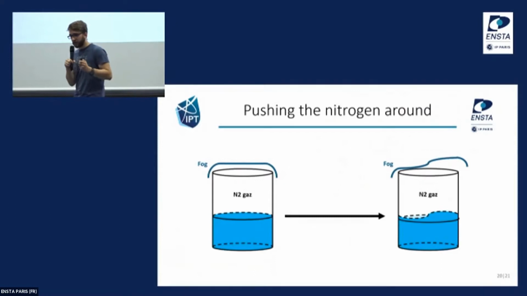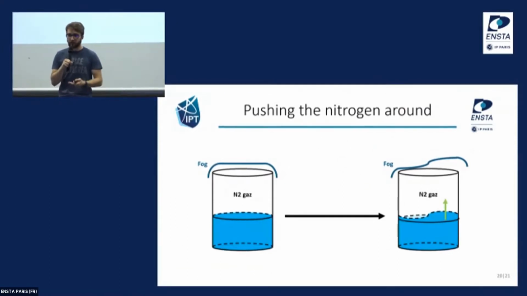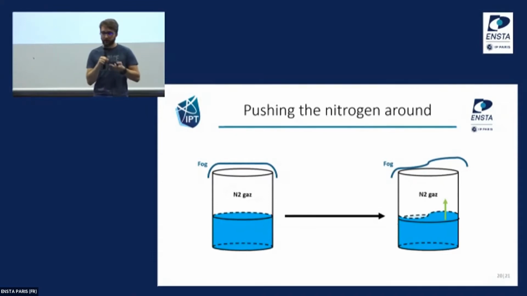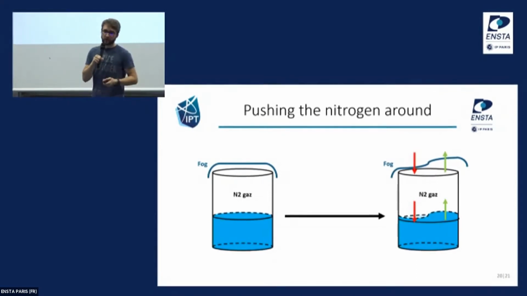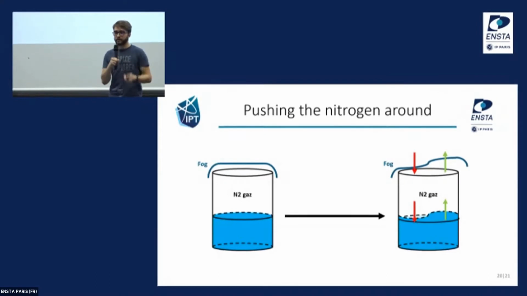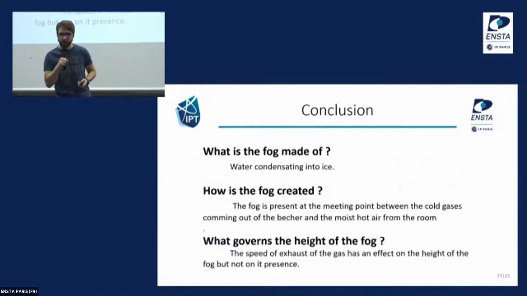But what's actually happening here is, when you think about it, the liquid is pushing the column of gas that is above it when it's moving up, and this pushes the fog up too. Same thing for when the liquid goes down. The fog also goes down because the whole column of gas is going down too. So this is actually also going in the same direction as our earlier conclusions.